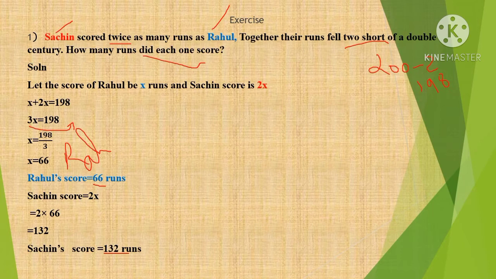So if you are taking Rahul's score as X, then Sachin's score will be double of Rahul, so 2 into X. Okay, children, next solving the equation. You know to solve it, right? So we have found out Rahul's score as 66 and Sachin's score as 132. Okay, now let's see the next problem.